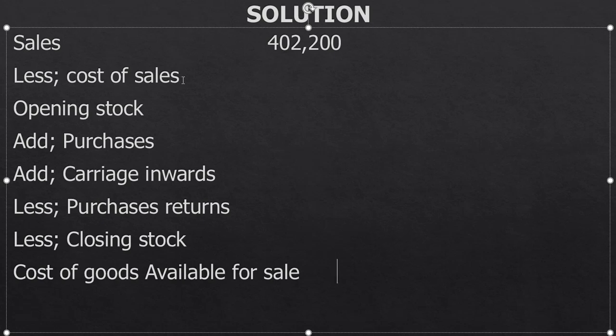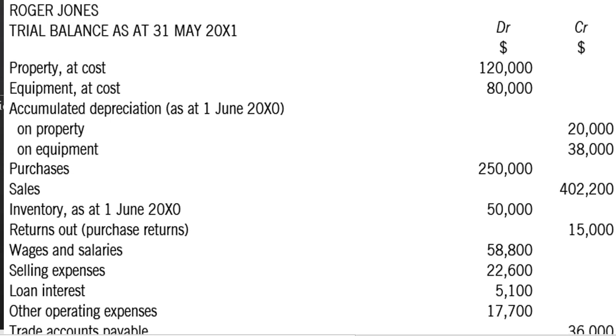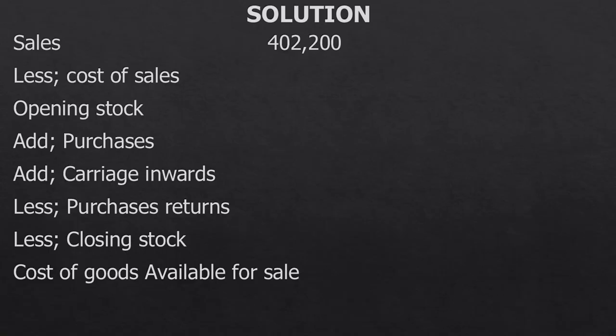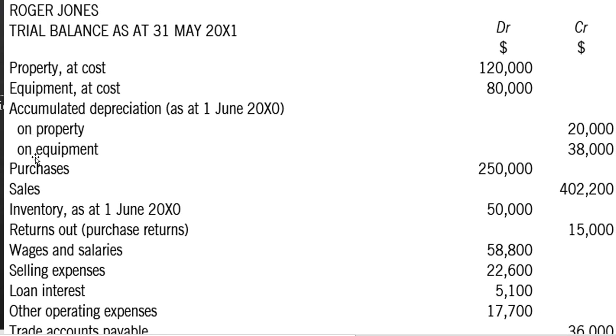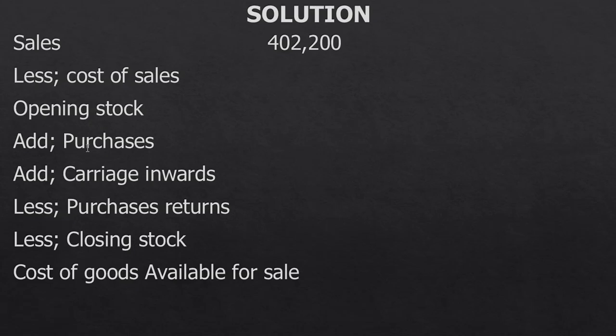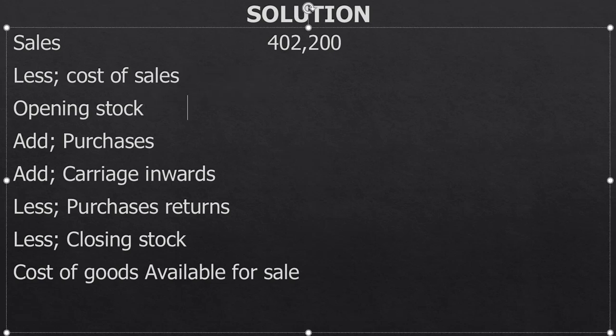Now I want to see what is the cost of the opening stock. The opening stock is given to us here as 50,000. So I come here and record 50,000.